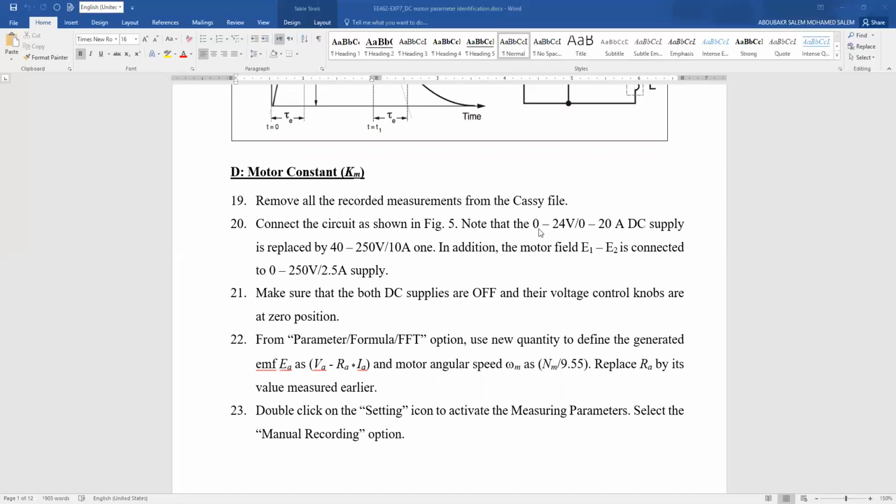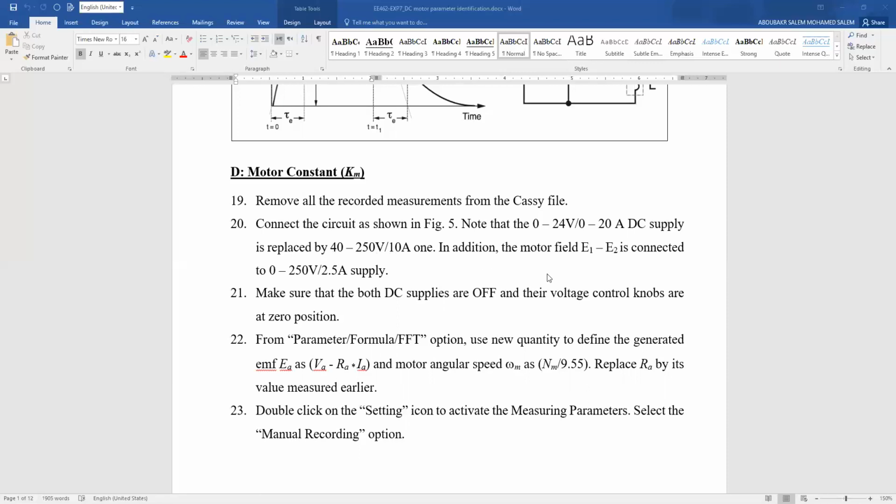We will use the 0 to 24 volt supply, 20 amps, which is a small one. We will remove it and replace it by the variable DC supply, 40 to 250 volt, 10 amps supply, because we need to increase the voltage here.